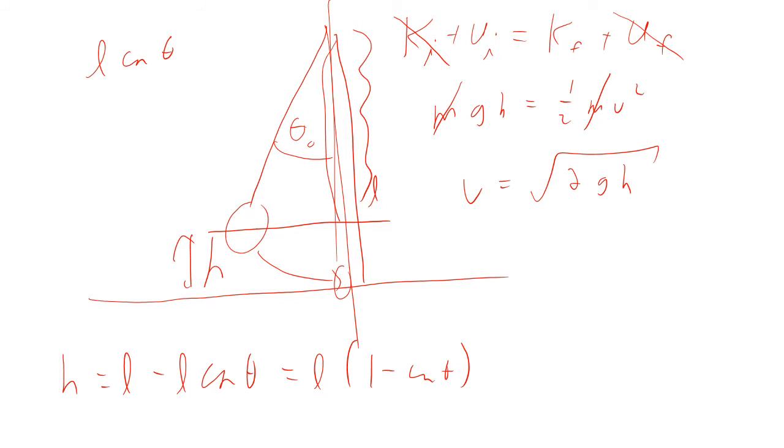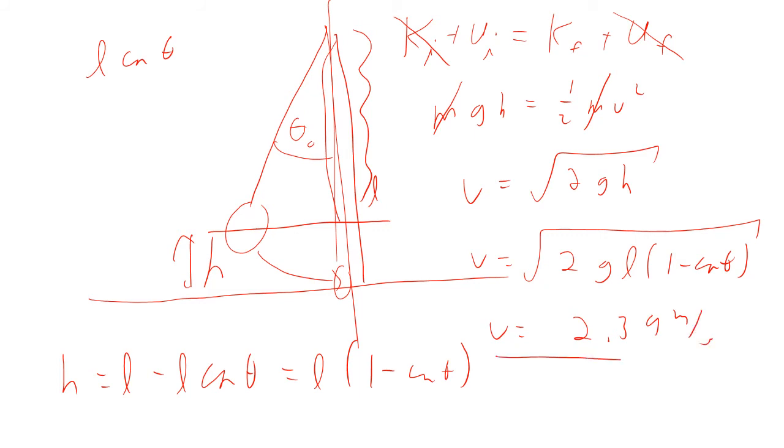So that means that v is going to be the square root of 2gL(1 minus cosine theta). So the velocity, if you work all that out, is 2.39 meters per second. So that's the velocity right before impact.